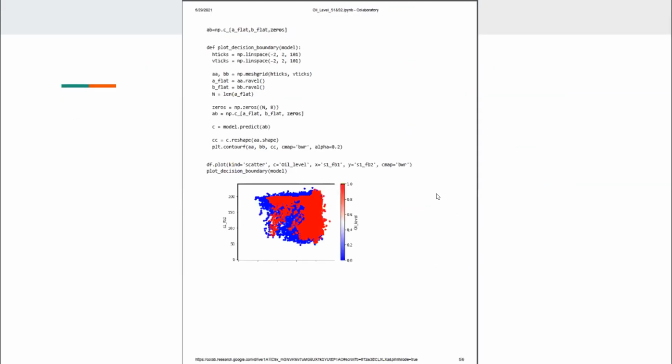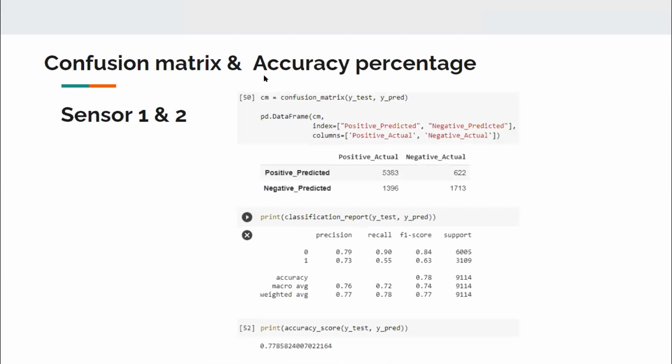For that, I'm taking the accuracy value considering only one sensor and considering both sensors. While estimating the confusion matrix and accuracy percentage, first checking with both the sensors, we are getting about 77.88% accuracy for this model.